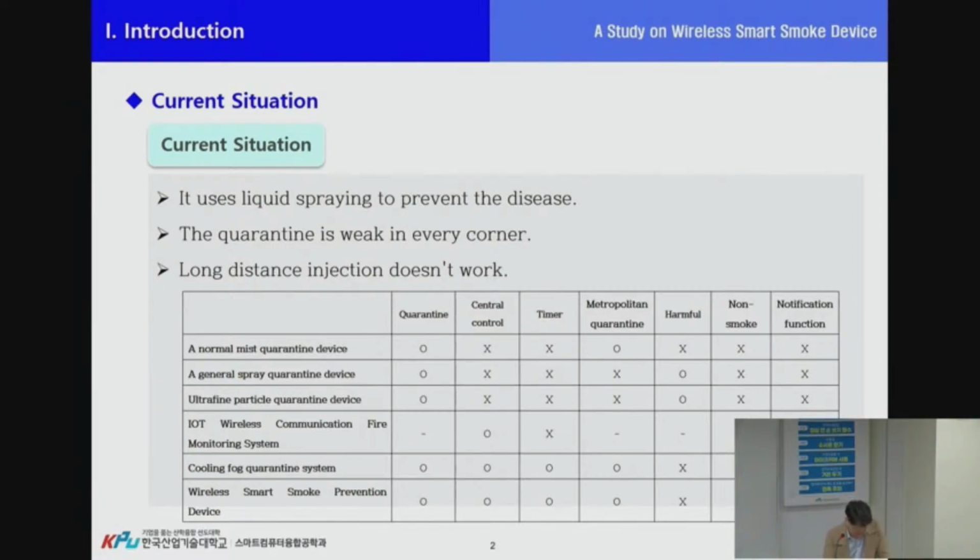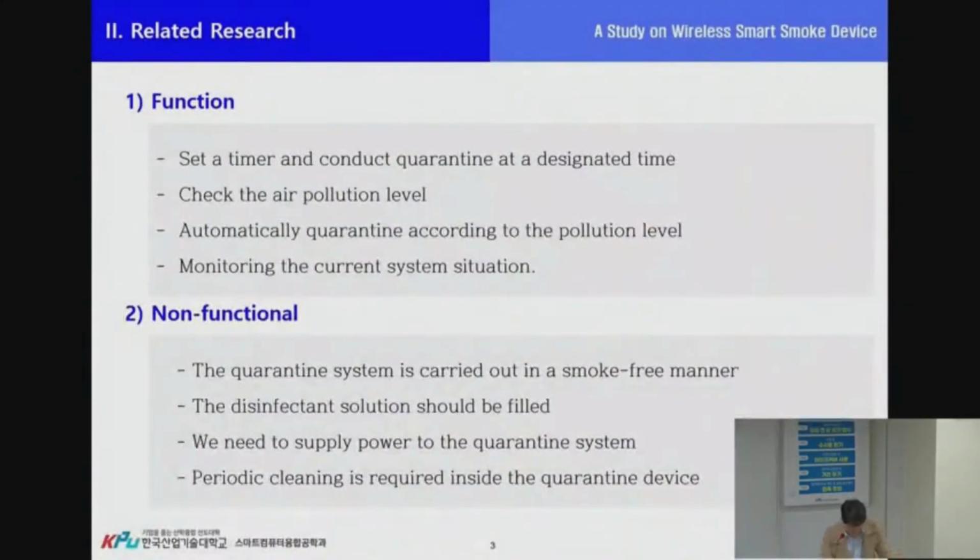So many equipment supply some function. Look at the picture, another architecture model. So we are checking the function and the functional.